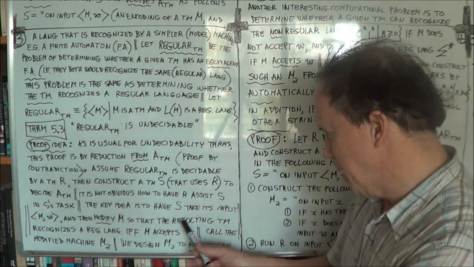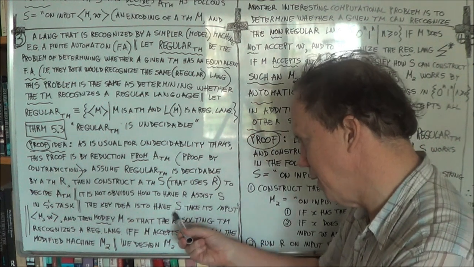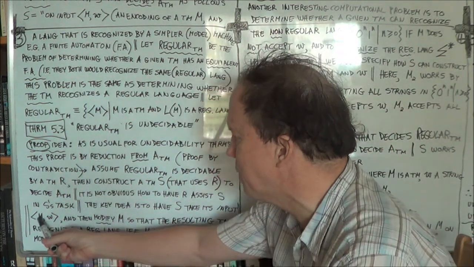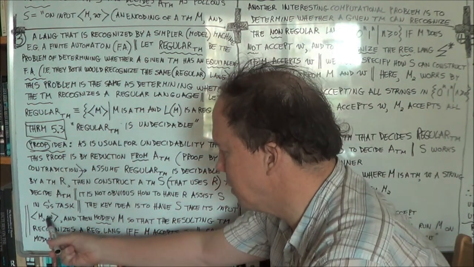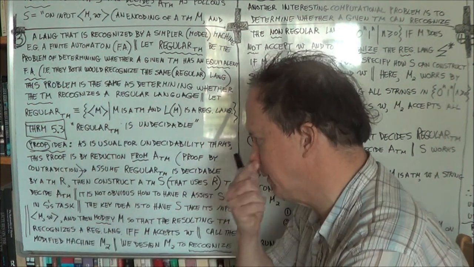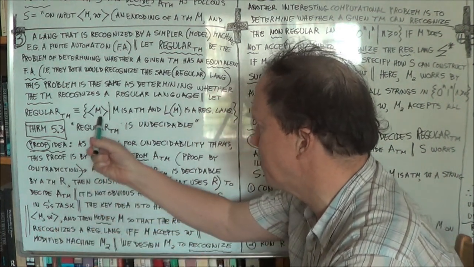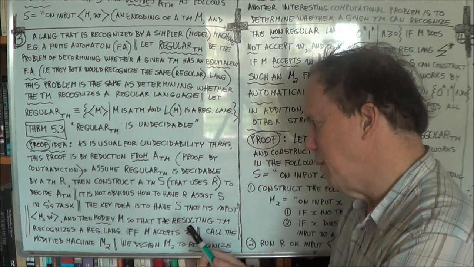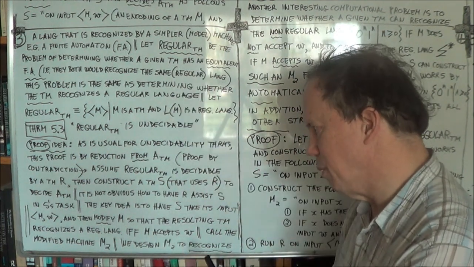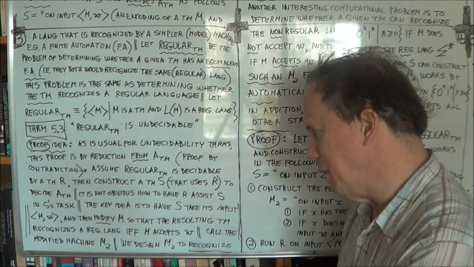All right, so here's the key idea. S has as its input this: just any old w. And the M here is the same M as this one. That's important. Just as we did in the previous problem, we're going to modify M. And you may ask why.